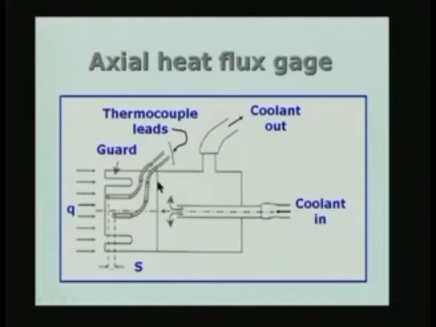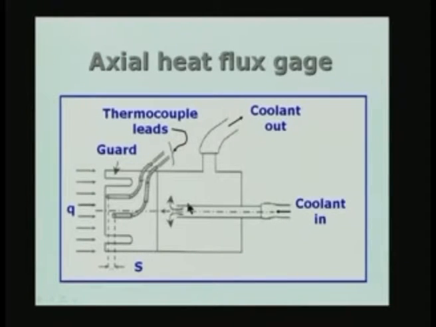The back surface of the probe is cooled by a coolant which comes out in the form of a jet and impinges on the back surface and cools it, and after cooling the fluid goes out through the tube shown here. So, the coolant comes axially like this.